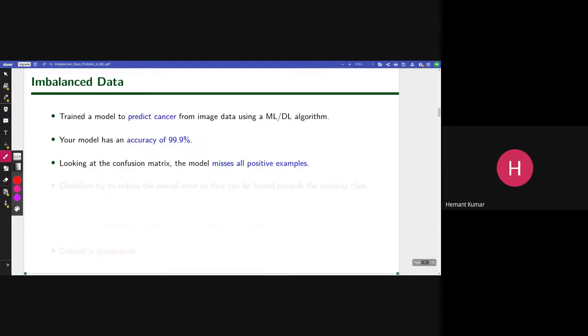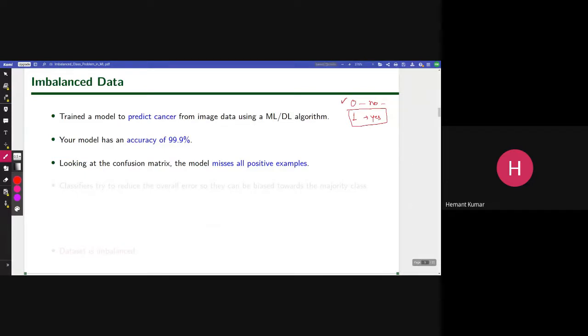If the model has cancer, assume that 0 is no cancer and 1 is cancer, then we can say that these 1 samples are missed most of the time, and it is predicting no cancer. This type of problem is called the imbalanced classes problem.